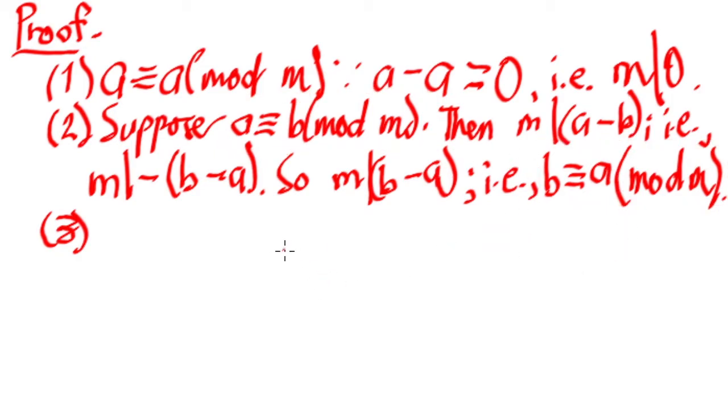For number 3, we have the transitive property. Transitive property states that if A is congruent to B mod M and B is congruent to C mod M, then A is congruent to C mod M. So let's prove that.